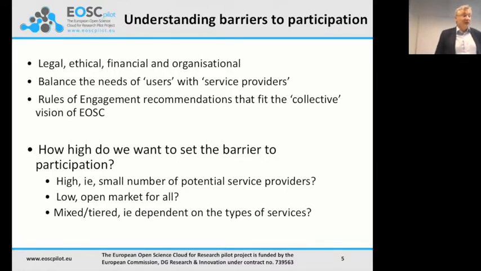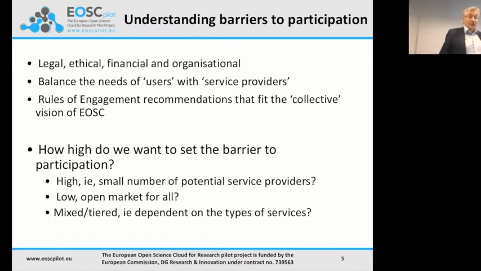There is a need to find a balance between the needs of users and of service providers, and the capabilities of the users and service providers, and also to find rules of engagement and recommendations that fit the collective vision of EOSC. It's really not a monolithic thing where rules can just be set and you have to follow them, but a collective effort with a lot of providers and a lot of different users.